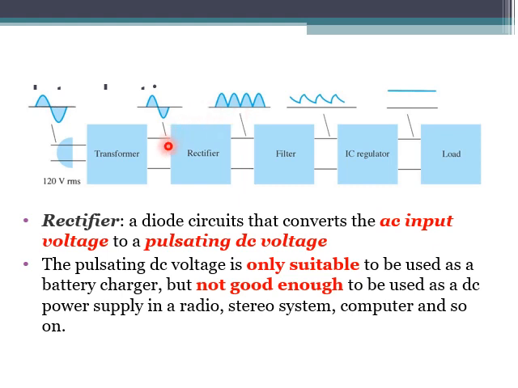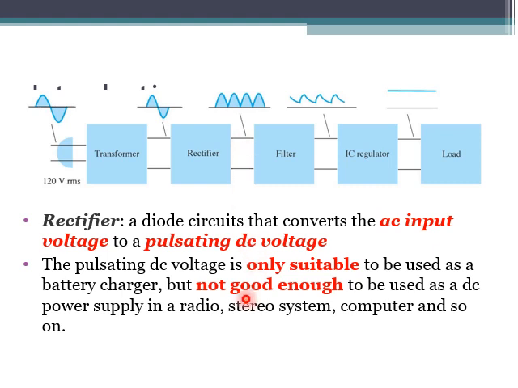You might have studied that the rectifier will convert AC to DC. The DC which is obtained from the output of the rectifier is not a pure DC. It is a pulsating DC. Pulsating DC means it contains both AC as well as DC voltage.